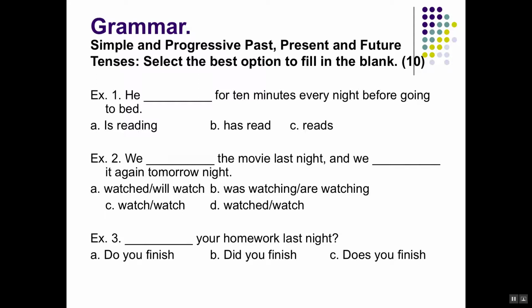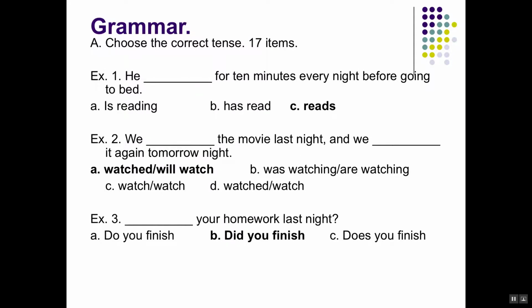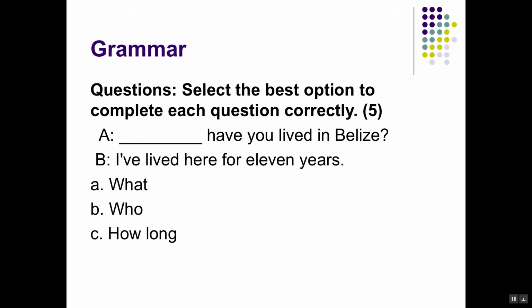So if you want to pause and try to do these items, you can. If not, in the next slide, you'll see the answers. Here are the answers for these 3 sample items. You can check if you tried them yourself. But basically, you need to use the context of the sentence to figure out what tense to use.